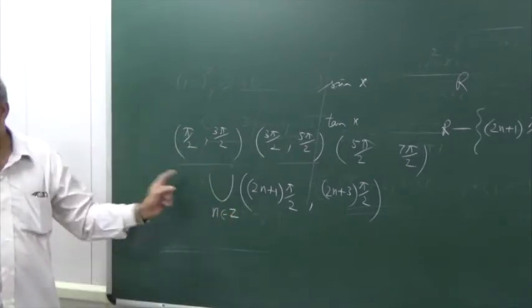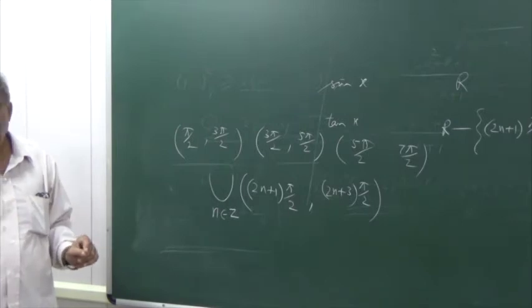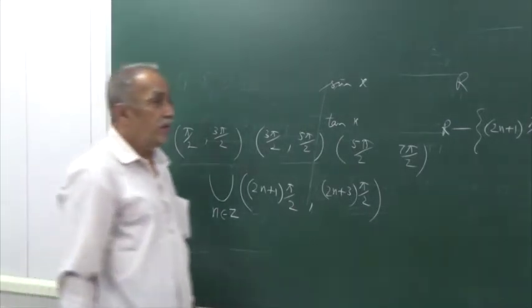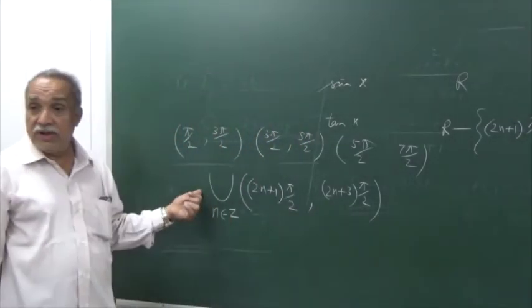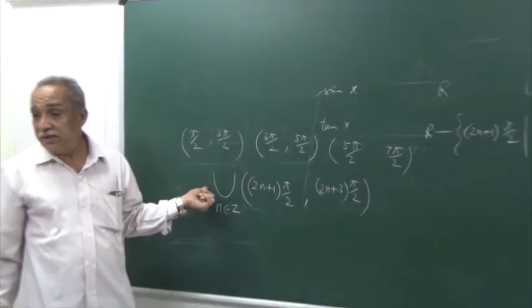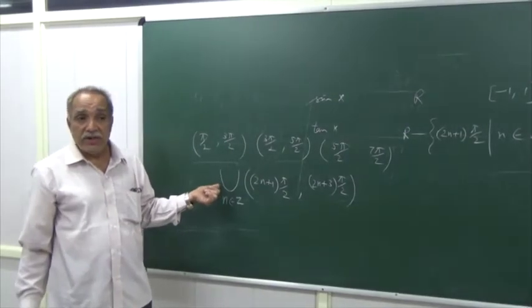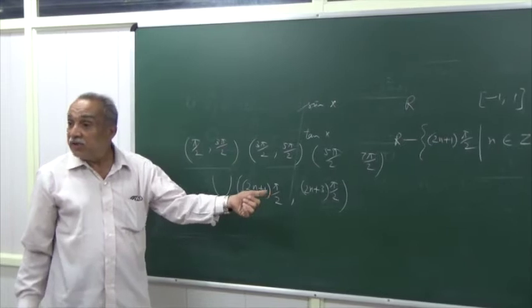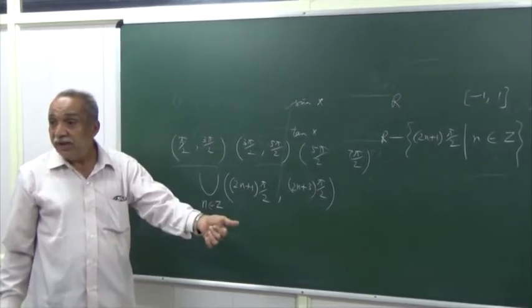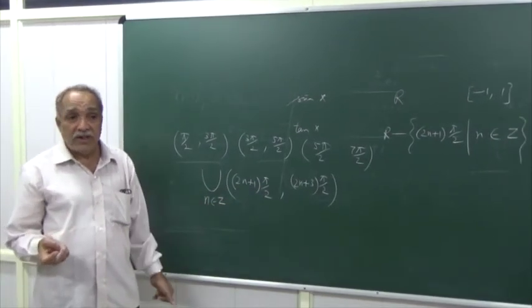That is the domain of my function. List all intervals of this form, take the union, what you get will be the domain. It will be an infinite union, not a finite union. There are an infinite number of intervals to be written, and then their union to be taken.